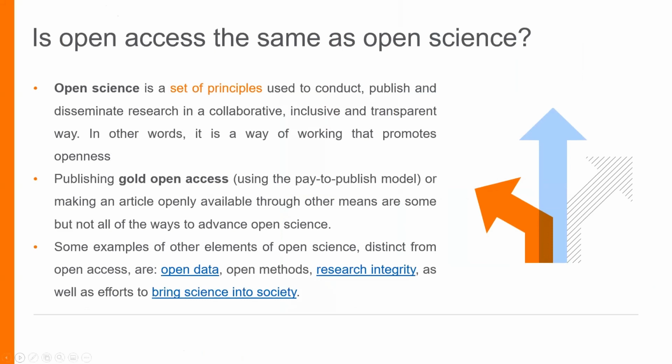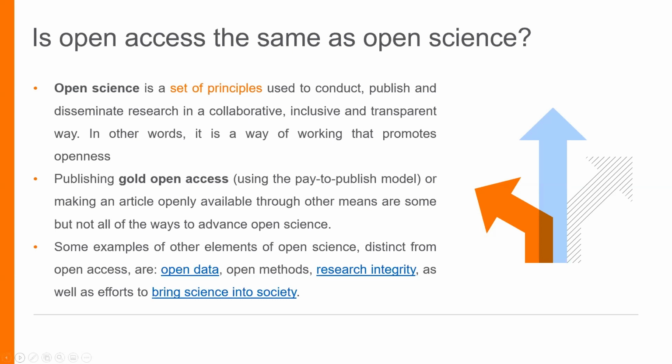Okay, so we already know that open access is not the same as open science. Open science is a very big idea. It is a set of principles we want to use to conduct, publish, and disseminate research. And publishing in gold open access, or making an article openly available, no matter which way you choose to do it, is just one idea of how we can implement open science in practice.